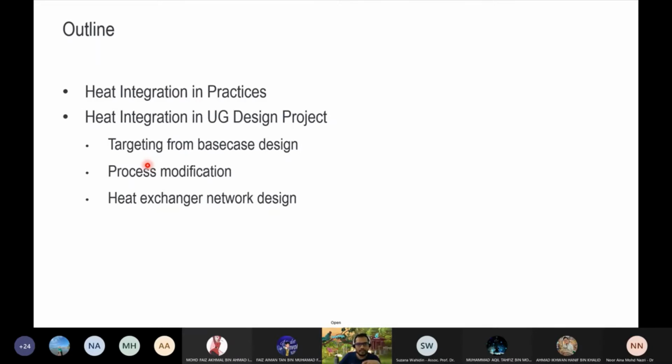Then, is there any process modification we can do, and how can we see that such modifications will reduce energy consumption. Lastly, once we know the thermodynamic target and have done some modifications, we can go to the design of the heat exchanger network itself.